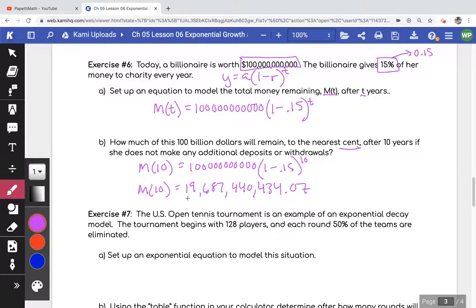So this would be the amount remaining in the account after 10 years to the nearest cent.